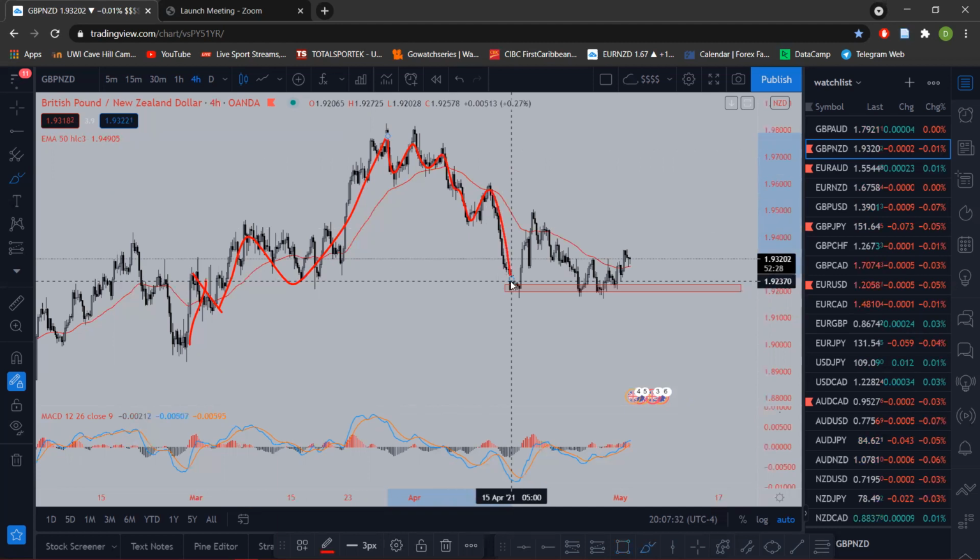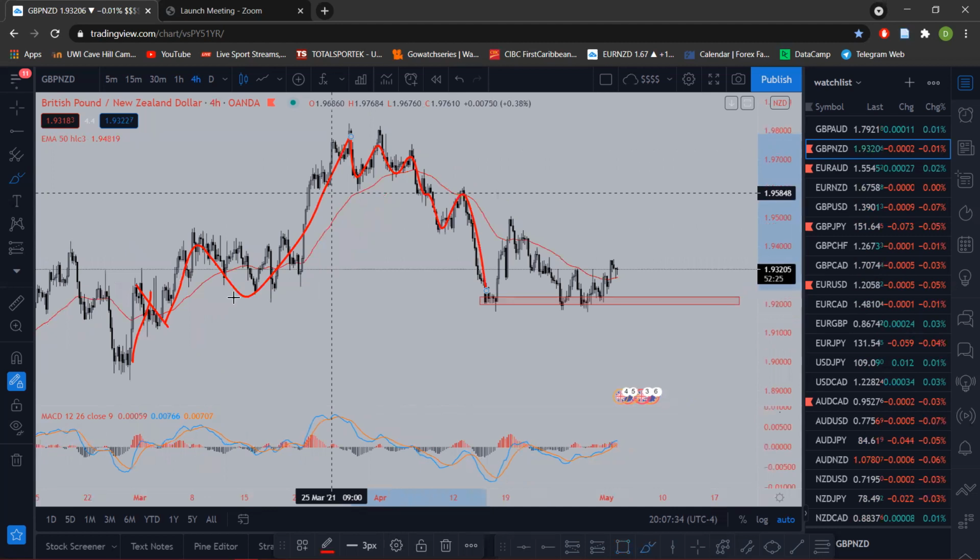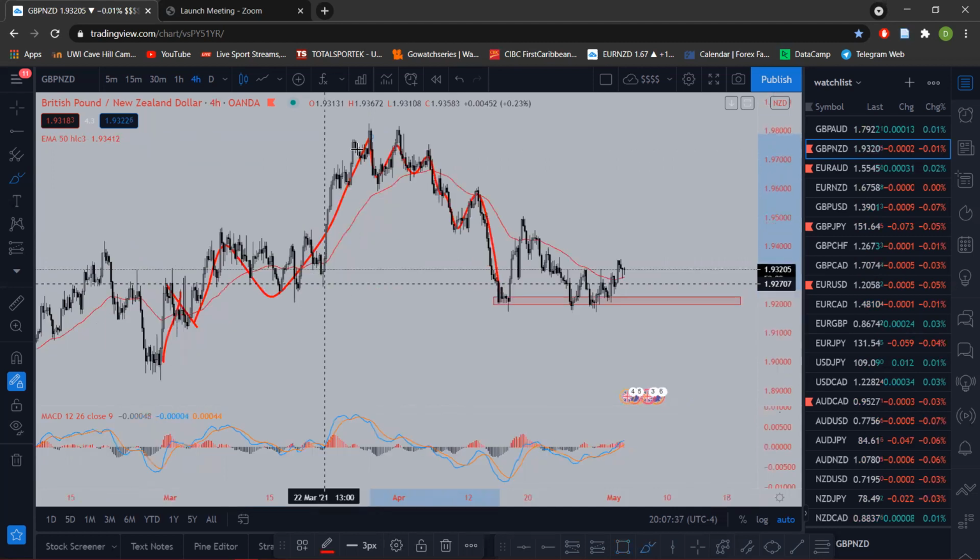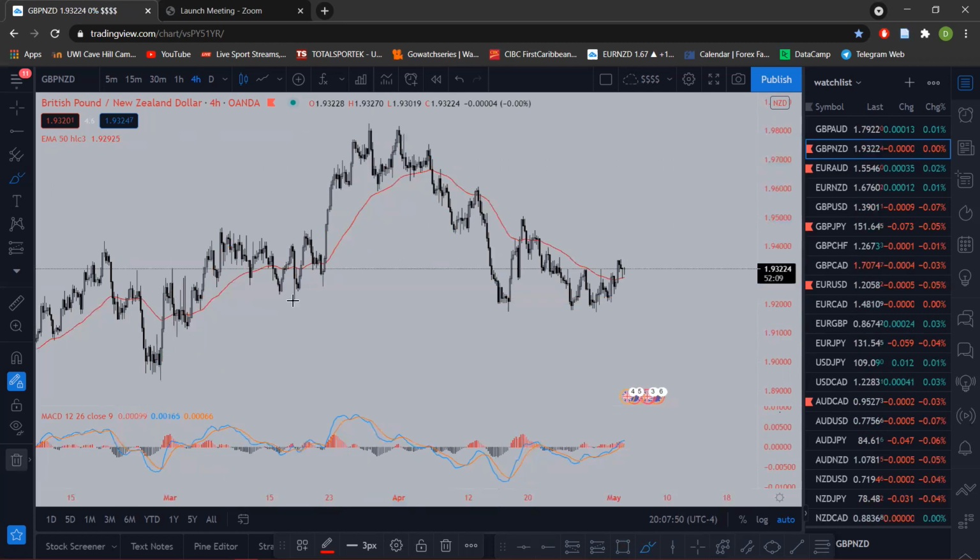From this, after the impulse, which is usually a strong move up or down, we get the flag, right? So the flag is just the exhaustion or pullback from the long move up or down, the impulse move, correct?